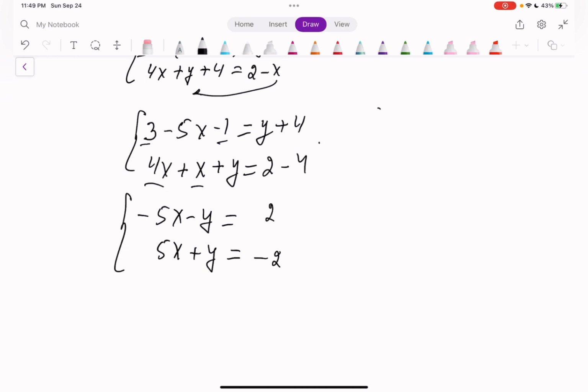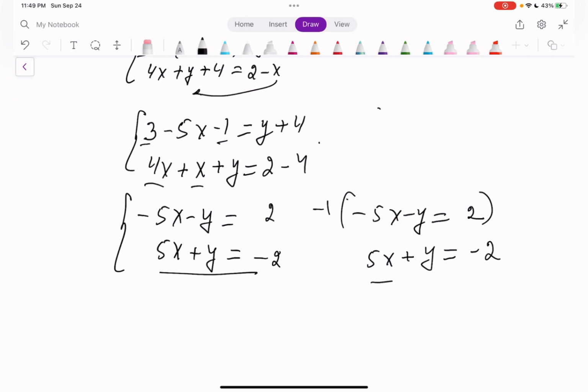So what is happening here? Look, negative 5x minus y equals 2. If I multiply each term by negative 1, I'm getting positive 5x plus y equals negative 2, which is identical.